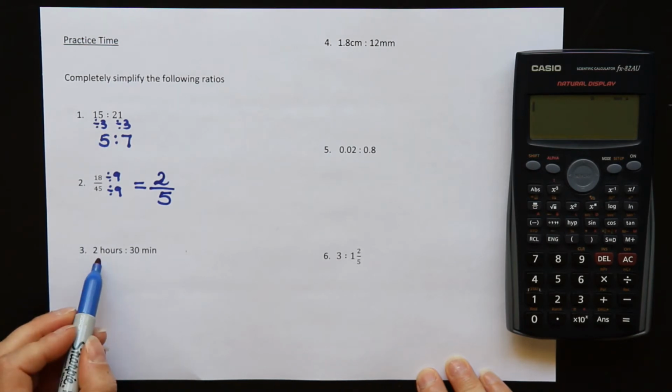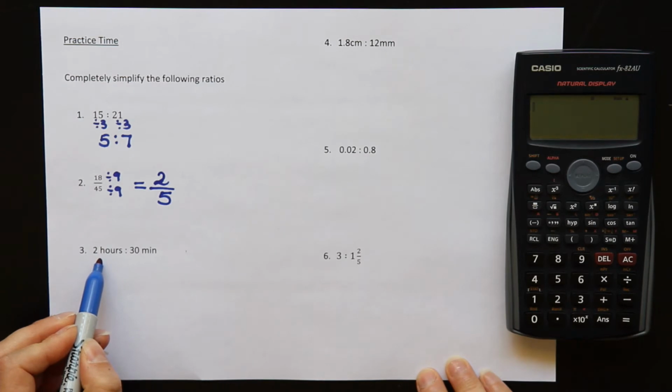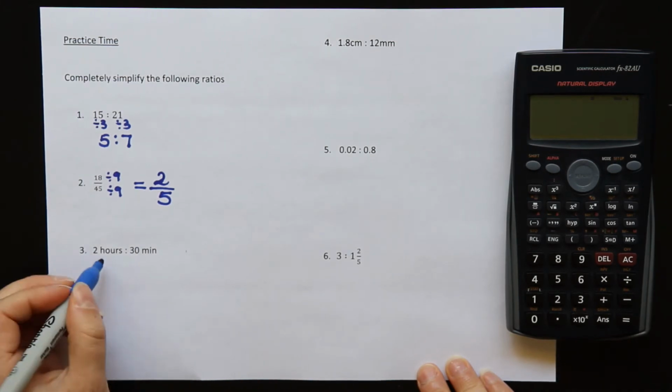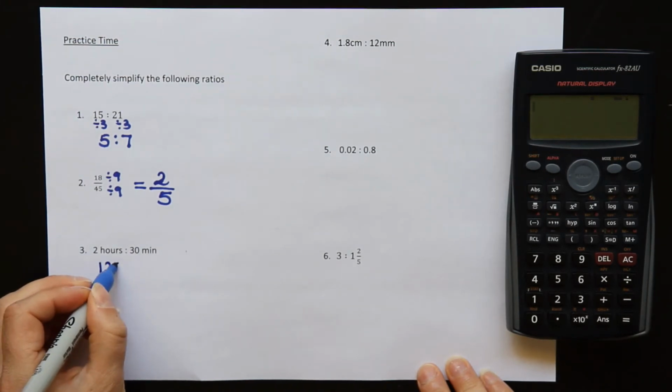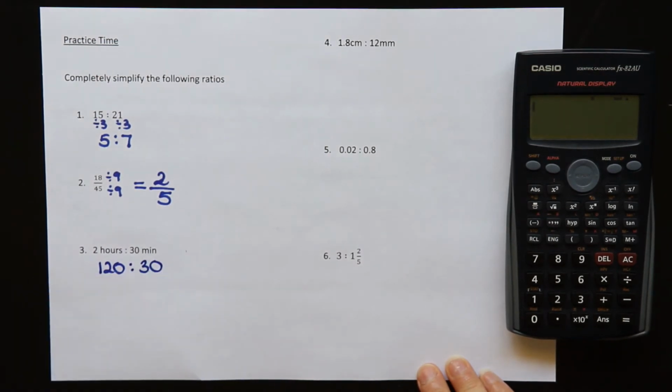Question 3, we need to put these into the same units. So let's change hours into minutes. 2 hours, well 1 hour is 60 minutes, so 2 hours is going to be 120 minutes and 30 minutes. So 120 to 30. Then we can simplify.